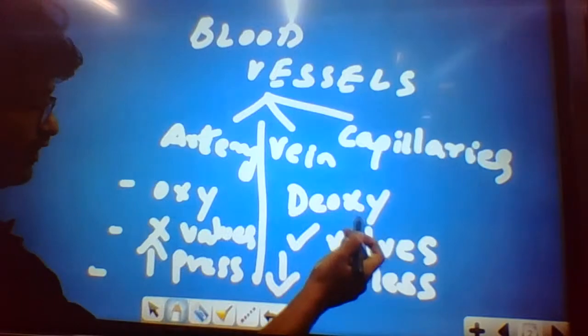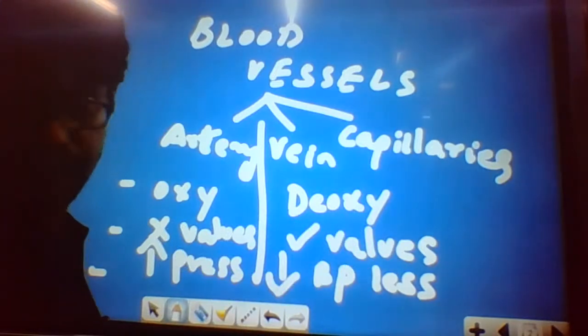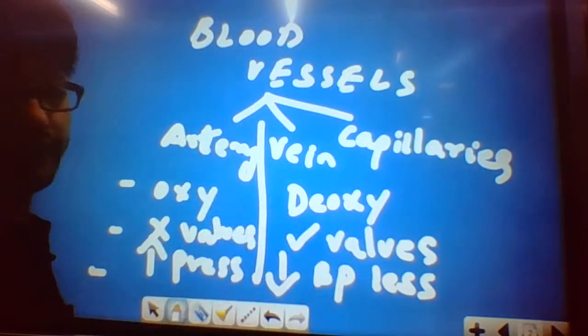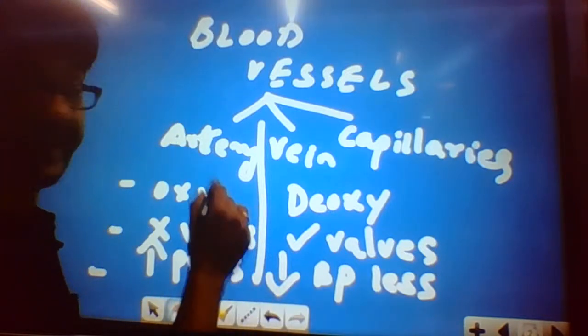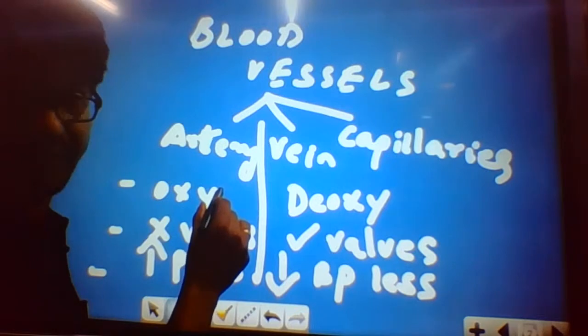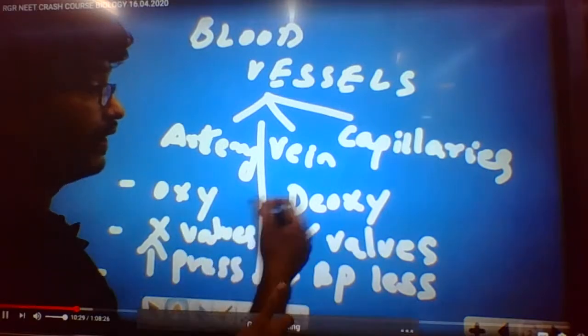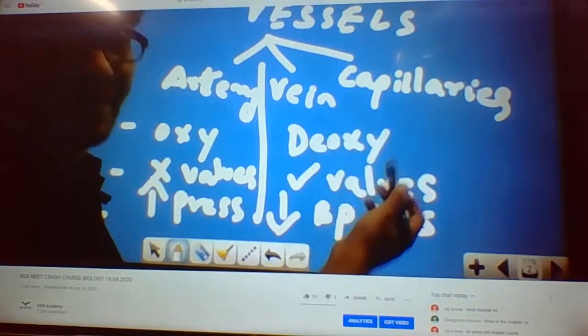Oxygenated blood and deoxygenated blood. But you can see an exception also, in detail, when you talk about the heart structure. We'll be discussing that there is an exception: the pulmonary artery carries deoxygenated blood, and the pulmonary vein carries oxygenated blood.